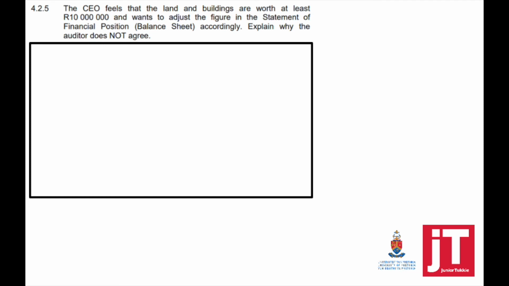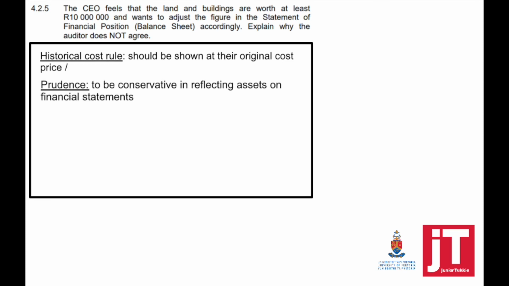So here, your GAAP principles are incorporated. Why can we not value it at 10 million, which is higher than what the cost was? We need to apply the historical cost rule. It should be shown at their original cost price, or prudence.